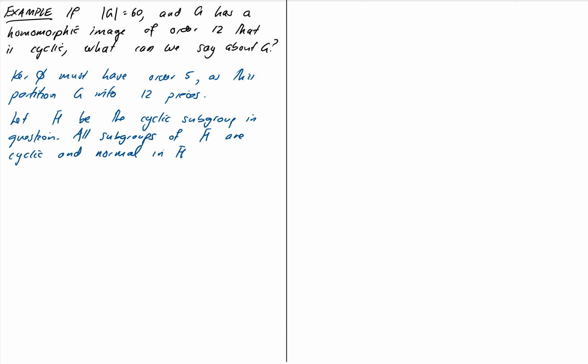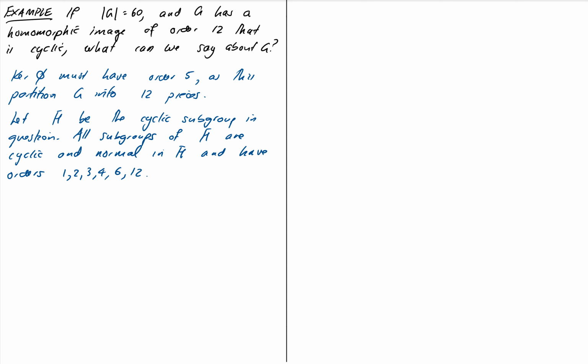So we've automatically got a bunch of normal subgroups of H bar that we can do something with. What's more, we know which subgroups they are because they're just the factors of 12. So the only possibilities are groups of order 1, 2, 3, and the factors of 12, 4, 6, and 12.